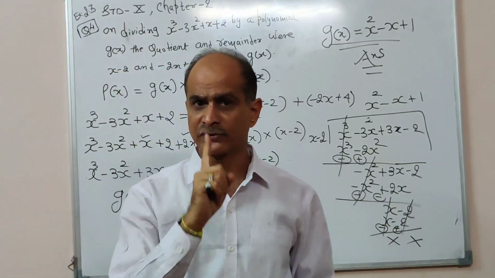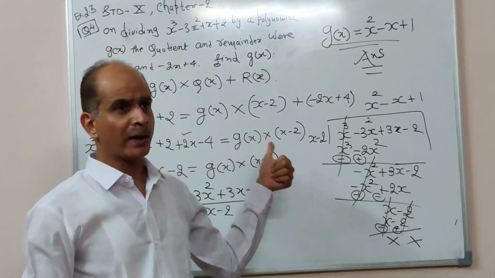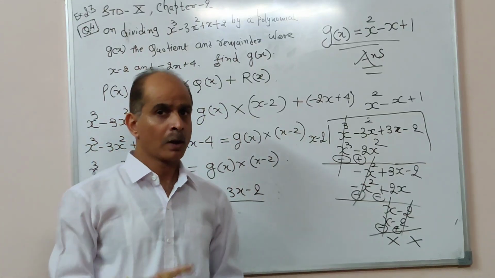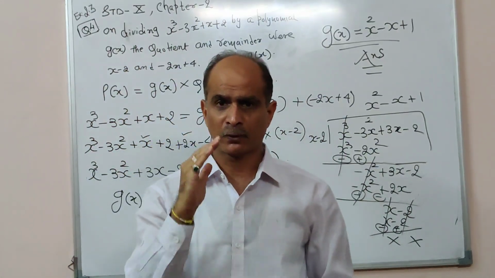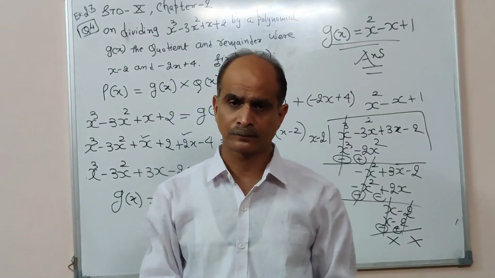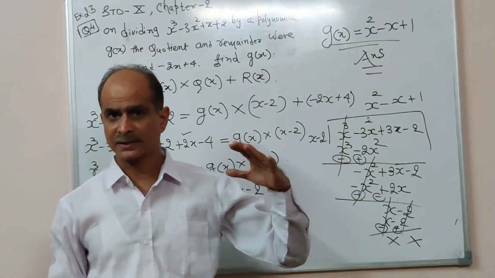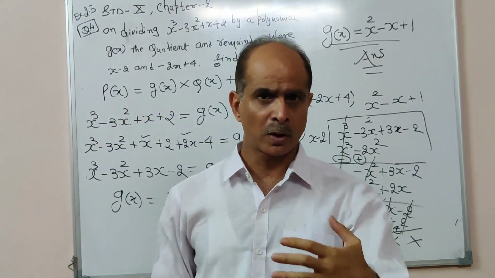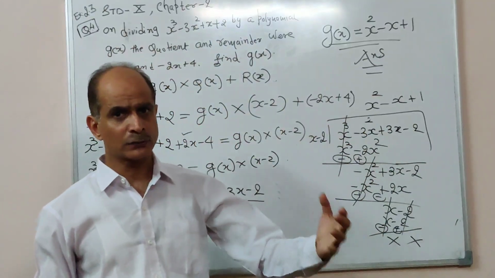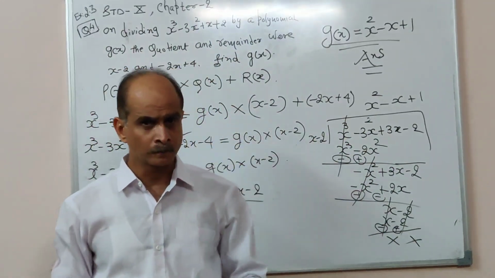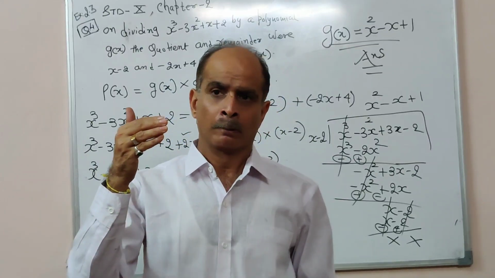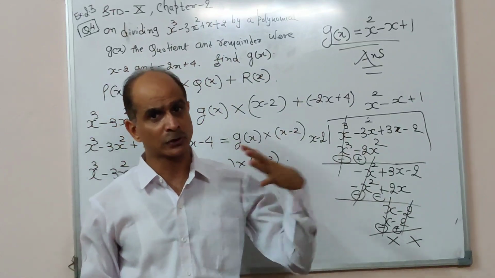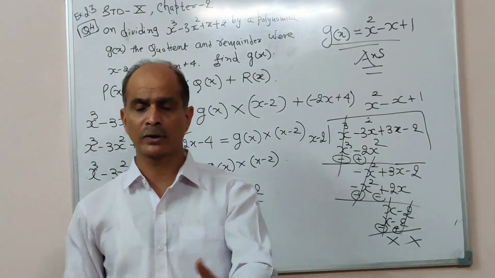Let me give one instruction to all of you. We have taken 4 lectures for chapter number 2. In your notebook, first of all you have to write the 11 concepts. Then you have to solve exercise 2.1, that is finding the number of zeros from the graph. Then exercise 2.2: in the first part a polynomial is given and you have to find zeros, and in the second, zeros are given and you have to find polynomials.